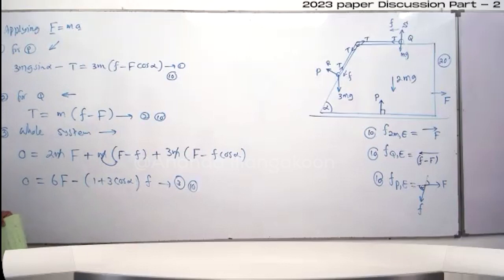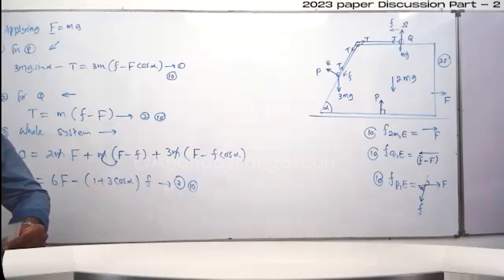Then you have a small part. What is it asking, people? Show that the acceleration of the wedge is this, and with alpha equals 60, show that the tension in the spring is this. Acceleration of the wedge: capital F only we have to find. How to get the answer?